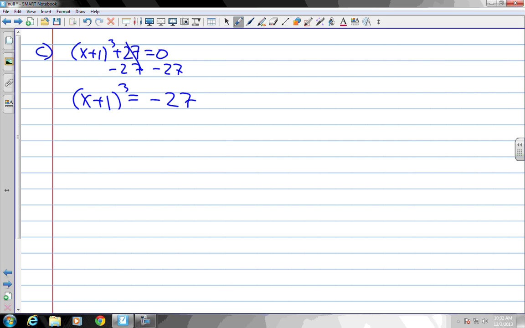No. Is that going to bother us, that we're taking a cube root of a negative number on the other side? Can you do odd roots of negative numbers? Yeah.